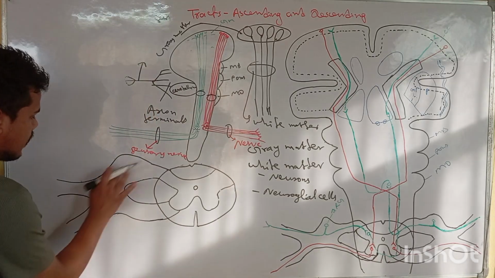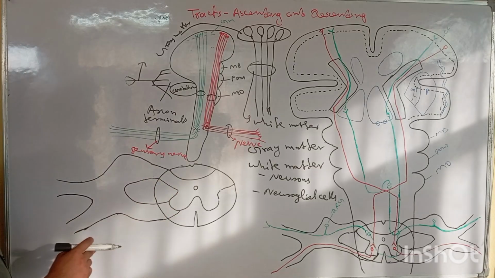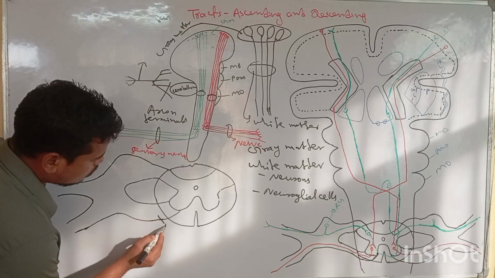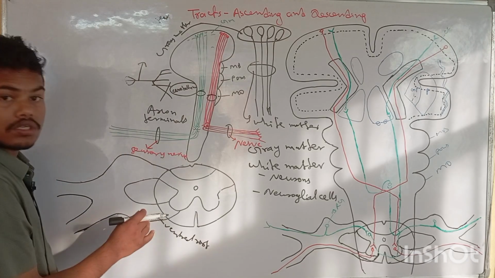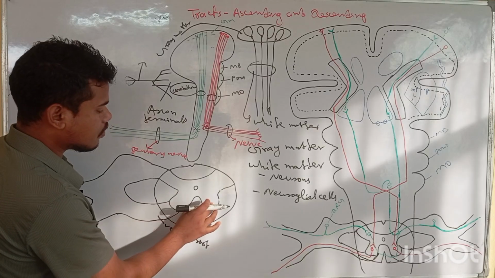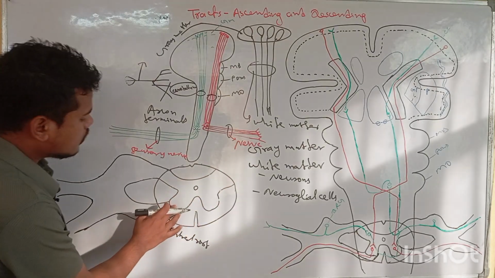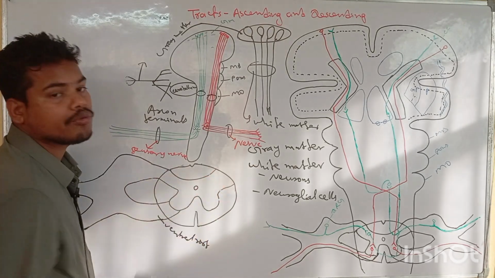So dear friends, in this photo I have shown here, this is the ventral root. This is the anterior horn of the spinal cord, gray matter. These two are the anterior horn and these two are the posterior horn.